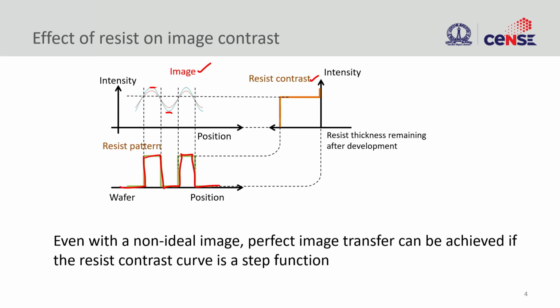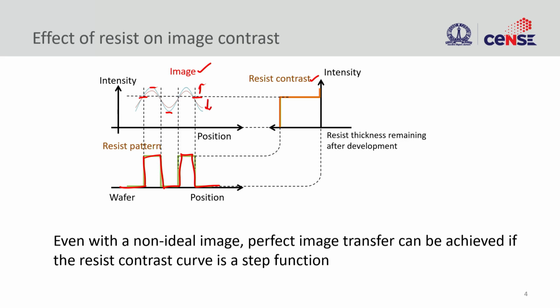So this is the resist pattern, right? I can reproduce that. The reason for that is the resist contrast actually takes care of the variation here, because there is only one threshold point. So optical intensity beyond this will not dissolve my photoresist, and below this will dissolve.